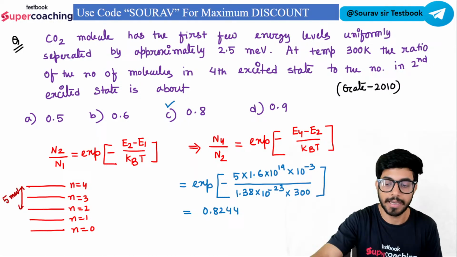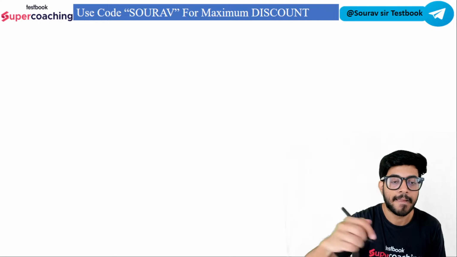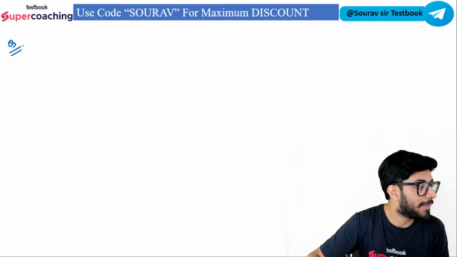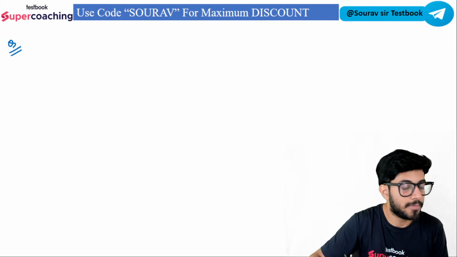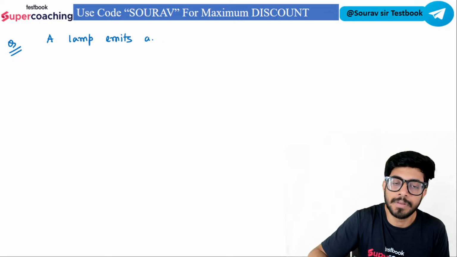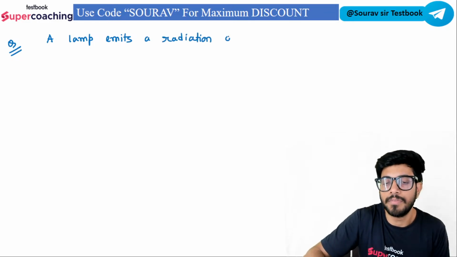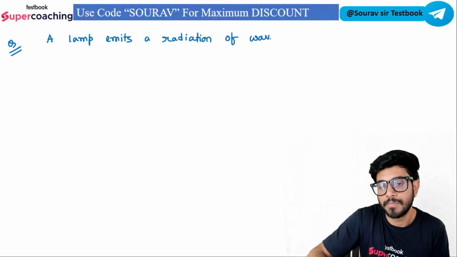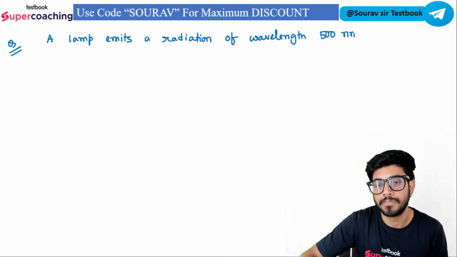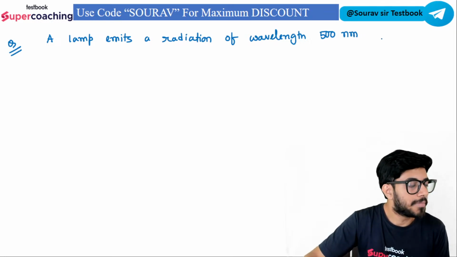And one more question is asked. A lamp emits a radiation of wavelength 500 nanometer at a temperature of 1000 Kelvin.